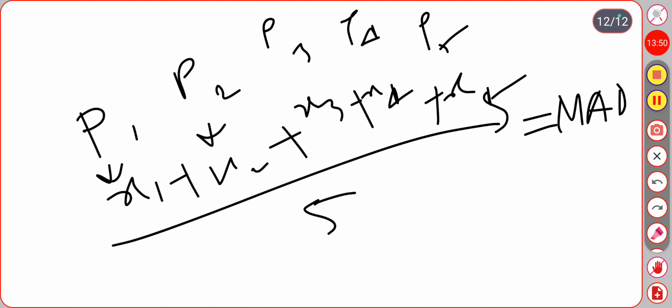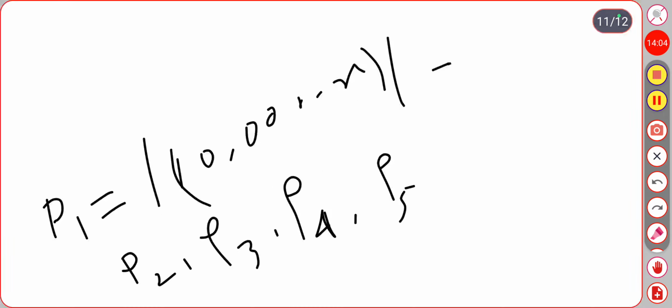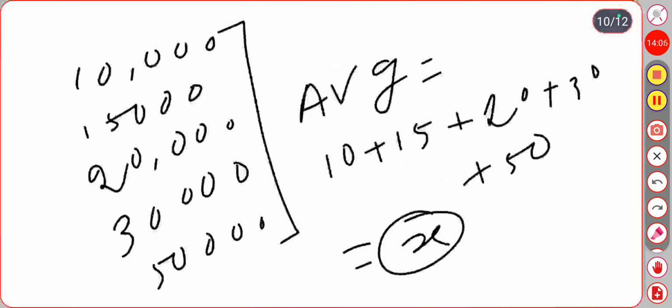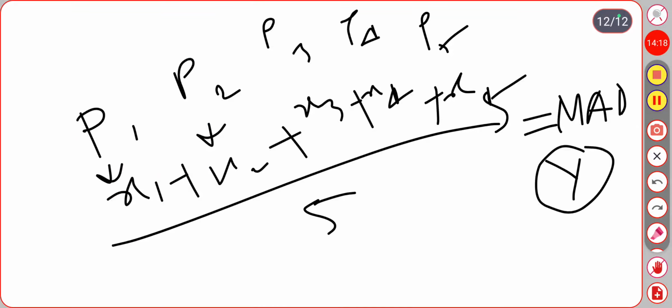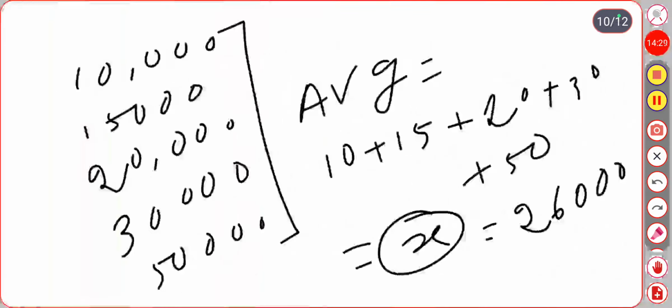Finally we get, suppose, y, and the actual mean was x. Suppose x is considered as 26,000 and this absolute mean deviation is 35,000.